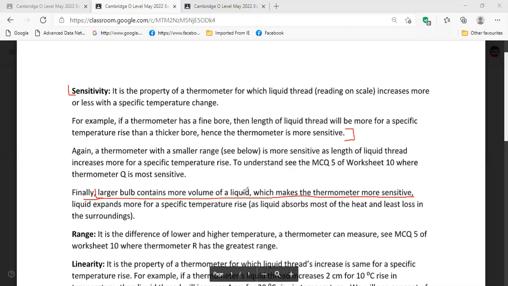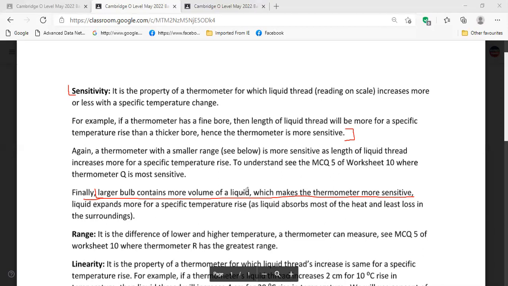For example, we are taking two thermometers, and we are measuring the temperature of a small child, and we are giving the thermometer bulb under the tongue of the child. If the liquid is more, like more volume in the bulb, then the liquid will absorb more heat from the child's body, right?